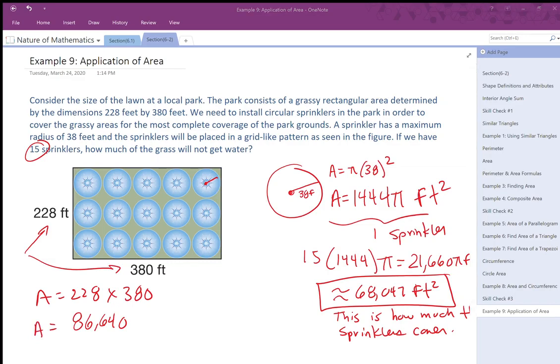And if we subtract from that the 68,047 square feet that the sprinklers cover, about 18,593 square feet of grass will not get watered.